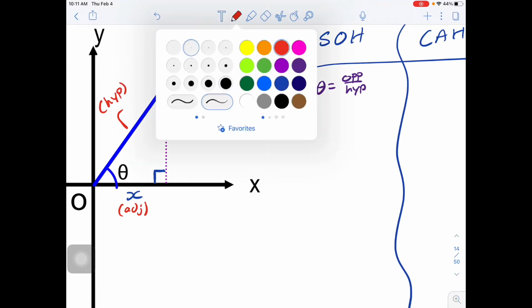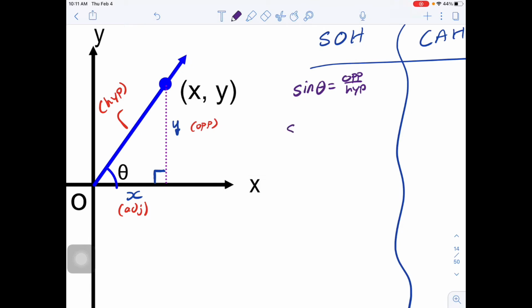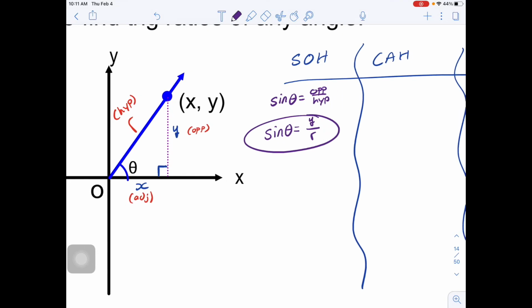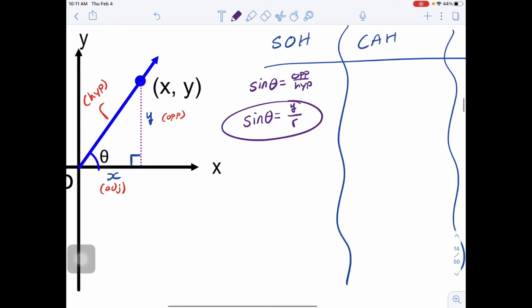So now we can put in terms of sine of the angle. Opposite we just said is y, so this would be y over our hypotenuse, which is r. There is your trig ratio with respect to a point on a Cartesian plane. Then we have cos of the angle. Cos of the angle is adjacent over hypotenuse. What's your adjacent leg here for this angle? Well, it's x.